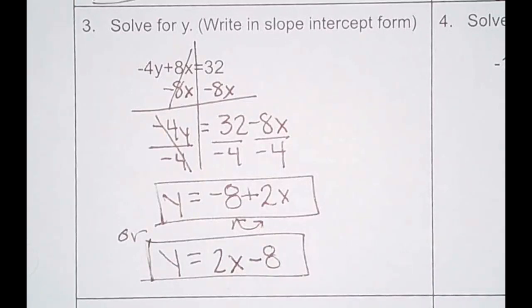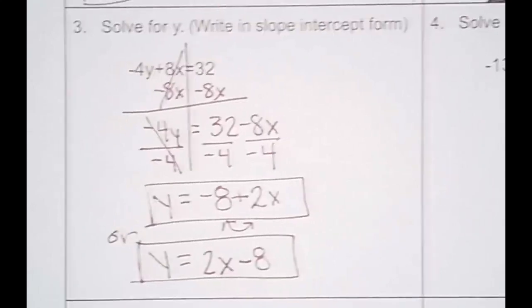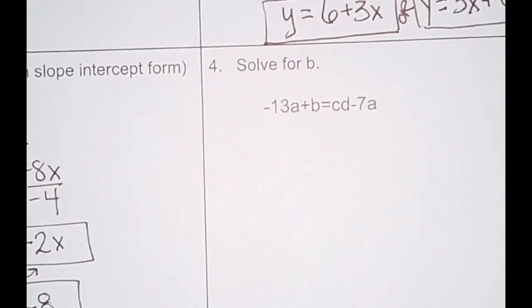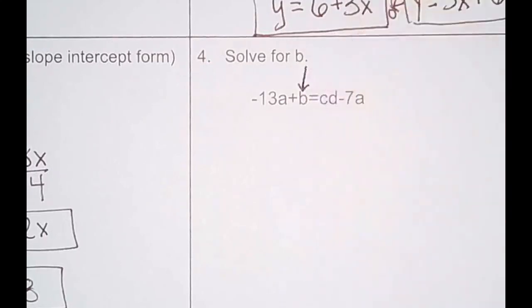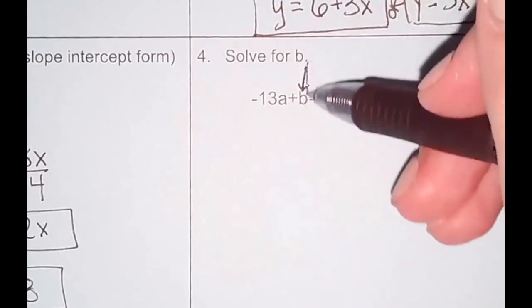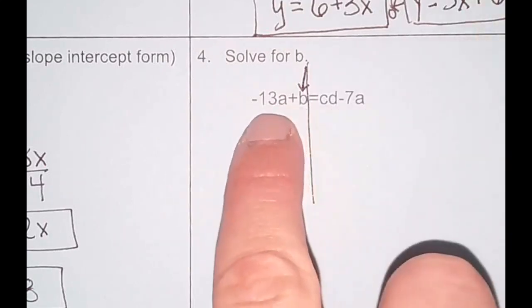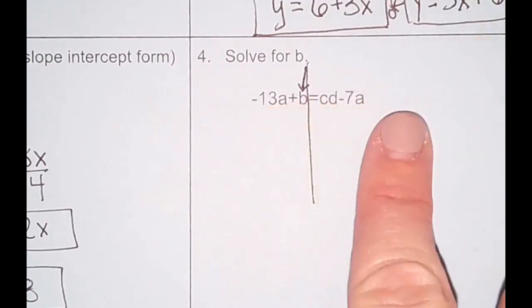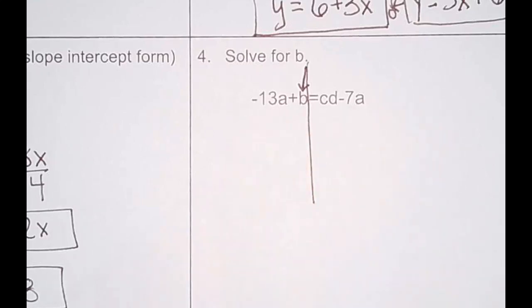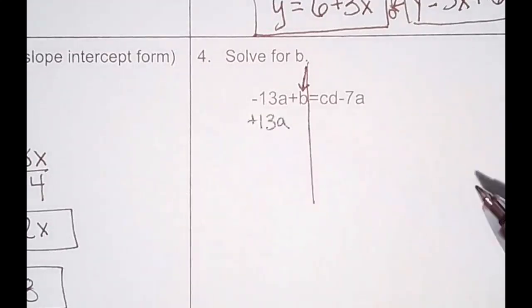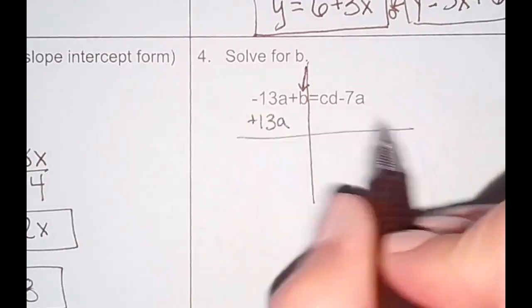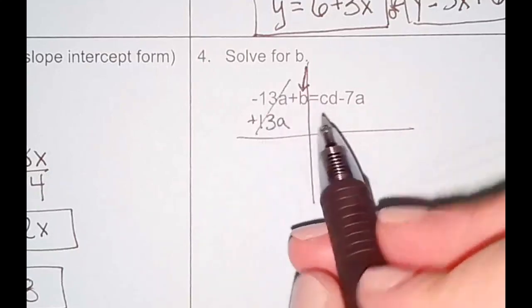Over here, here's an a term, so I'm going to stack it plus 13a. There. Drop my b down, equal. CD has nothing to combine with, no like terms, so I drop down CD. Now my terms 7 plus 13. That's a positive 6, so plus 6a. Final answer. B equals C times D plus 6a. Just rewrote it without the bar.